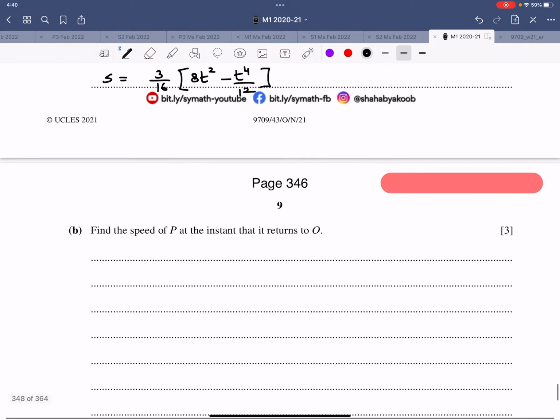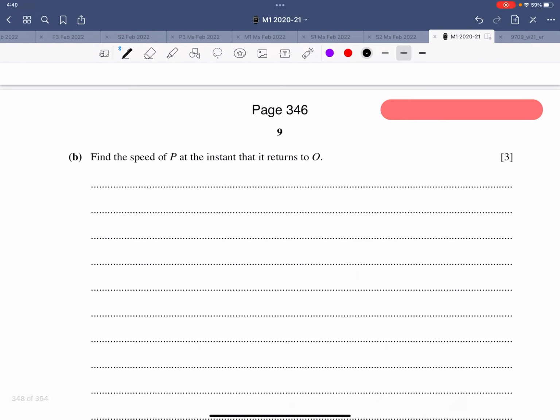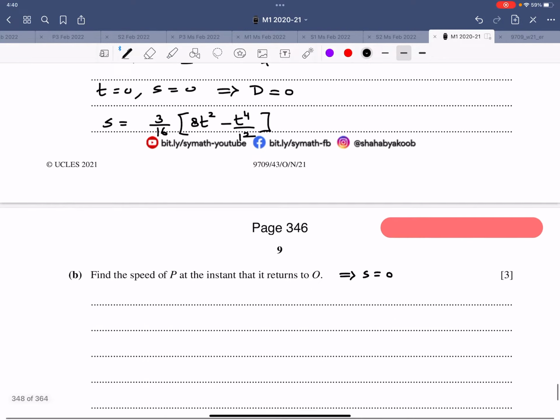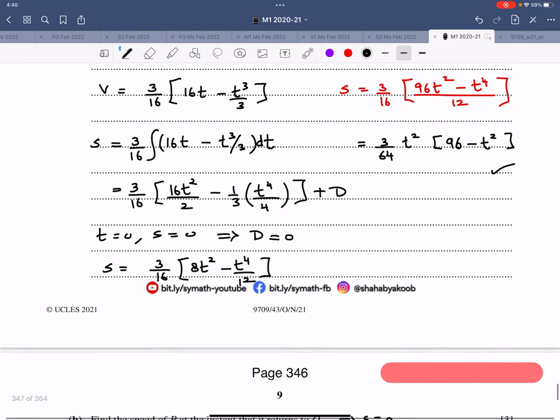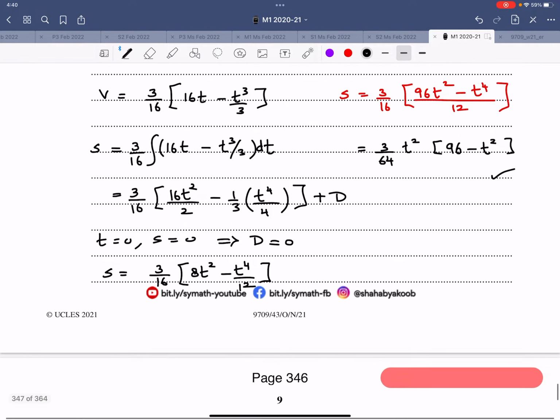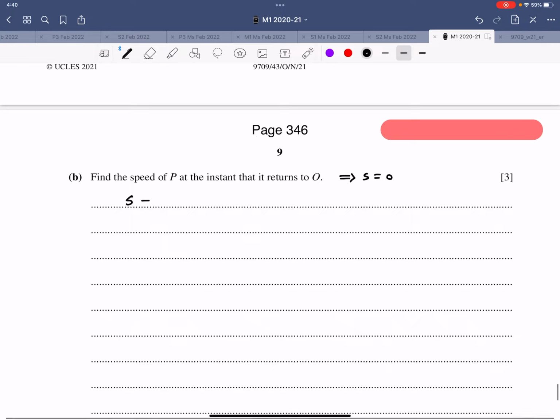Now it says find the speed of P at the instant it returns to O. When a particle returns to O, it means the displacement is 0. That is why they have factorized this. So s equals 3 over 64, t square, 96 minus t square, and make it equal to 0.